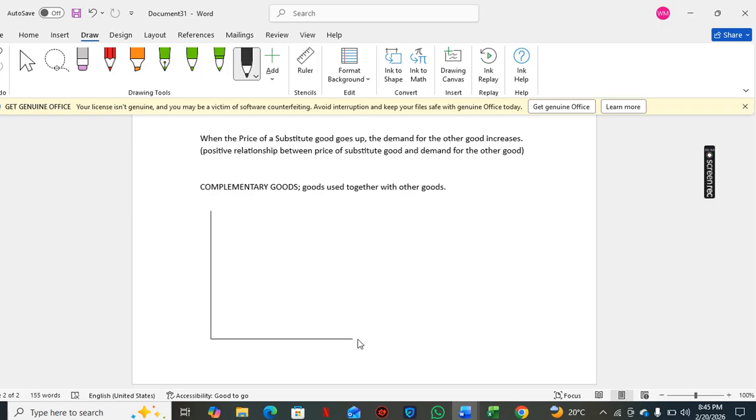Then you also have tea, and also tea is mostly prepared with sugar. So here we have tea, and we have sugar. Sugar in this case is the complementary good.